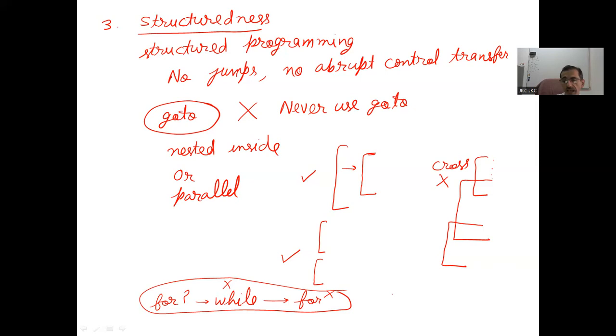Say I know that a fixed number of loop executions is guaranteed, say n-1 times always. Then I should use a for loop, not a while loop, because I know precisely: I should write for i equal to 0 to n-2, or for i equal to 1 to n-1.